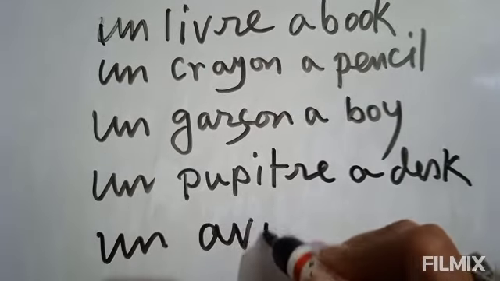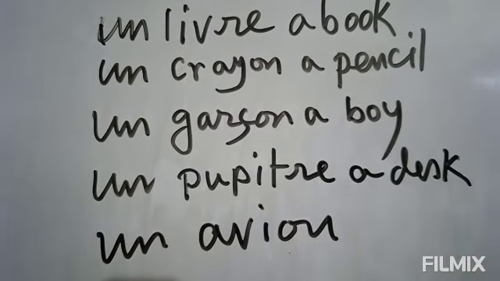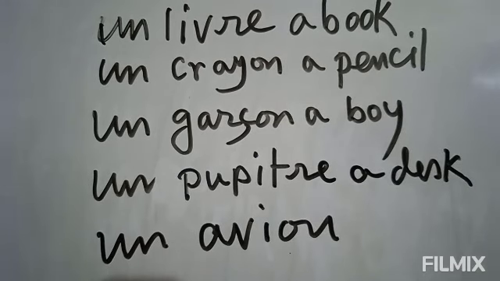Un avion, an aeroplane. Avion is aeroplane. All these words are examples of the indefinite article un for masculine singular number.